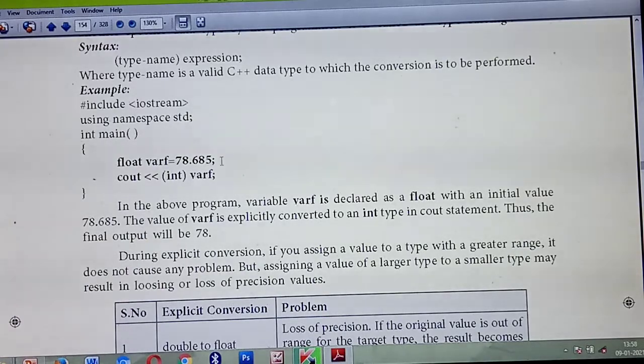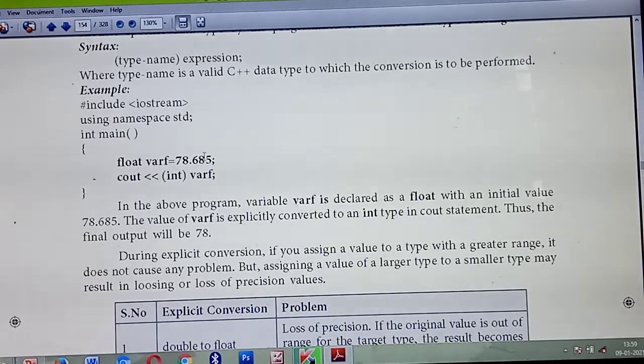See the next line: the user is going to convert int of variable f. The float is stored in the variable f, so now you convert this float data type into which data type? Integer. Understood? What output will you get? Integer means 78.